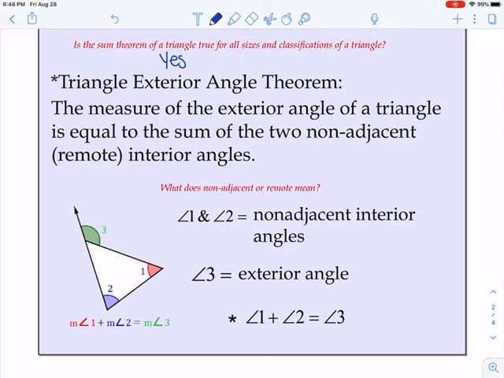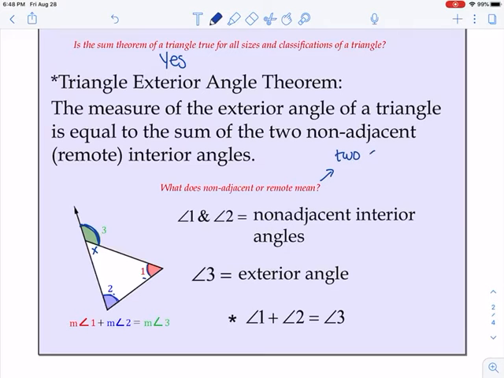So if this angle 3 is your exterior angle over here, I know it's already marked off in the picture, but the angle 1 and angle 2 are going to be the non-adjacent or remote angles. Why are they non-adjacent? Adjacent means next to. So if you were next to angle 3, you'd be right there where I'm putting that X. You don't want to be next to it. Those two angles are the ones that aren't next to it. So two angles that do not touch the exterior angle is technically what those are.